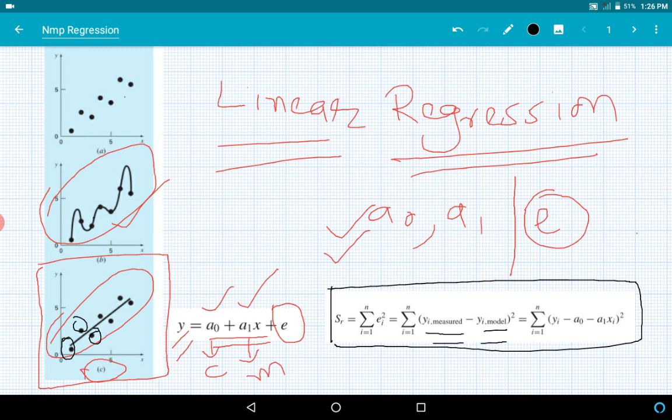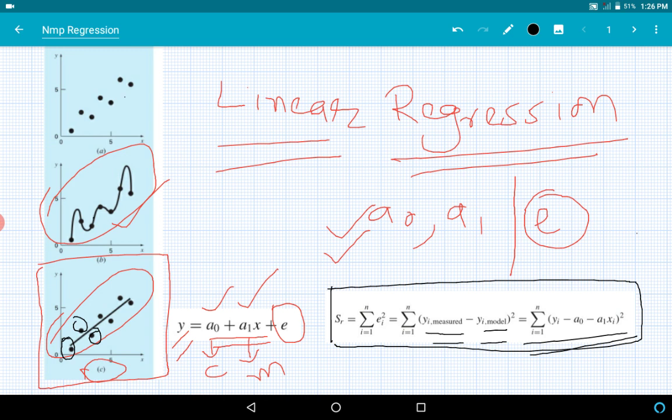For every point we calculate the measured value, subtract the predicted value, and take the square. Then we go to the second point, take the measured value, subtract the predicted value, and add everything up. This gives us the final equation, that is yi minus a0 minus a1 xi, squared, right?